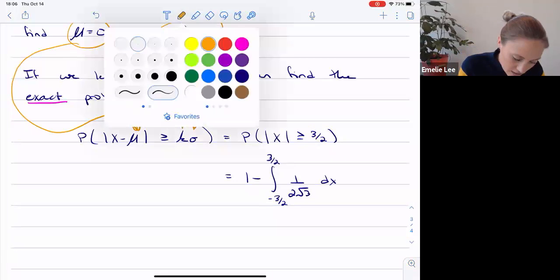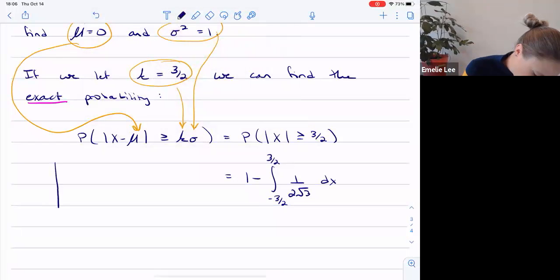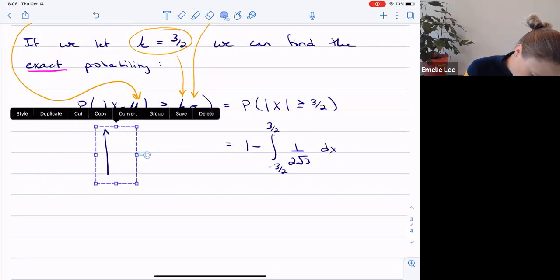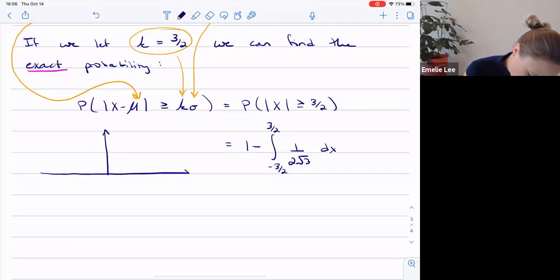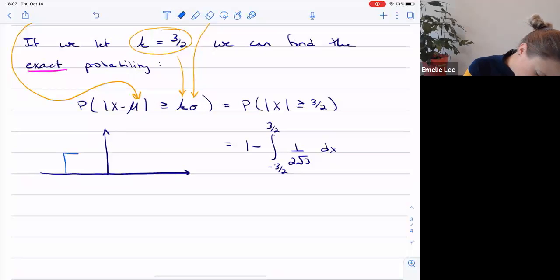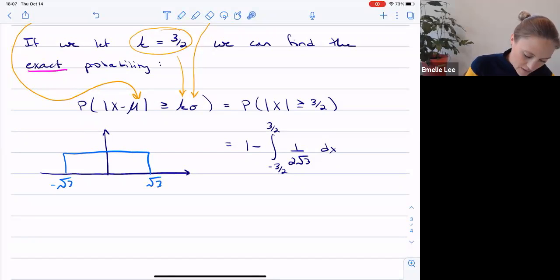So let's see if I can map this out here. Maybe scoot this over a little bit. If we're talking about a uniform distribution between -√3 and √3, then this here is going to be at 1/(2√3).